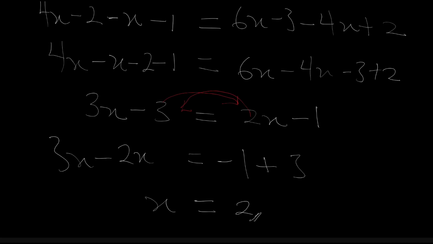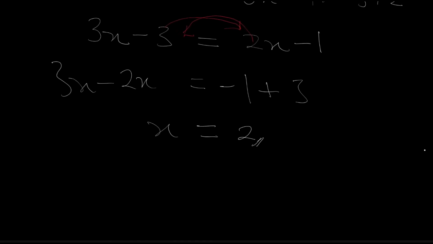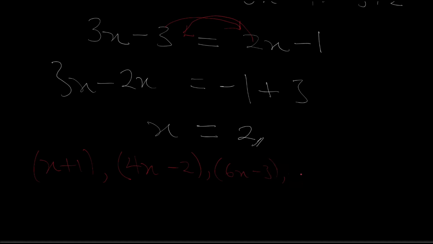Now we know that our first term is x plus 1. Let me write our terms. These are the terms again: x plus 1, 4x minus 2, 6x minus 3, and our last term, 18.